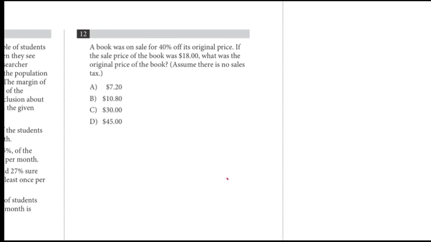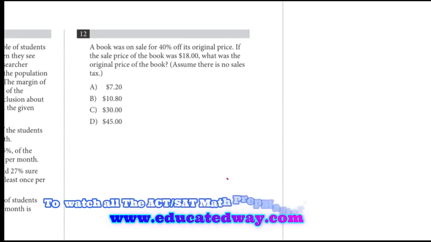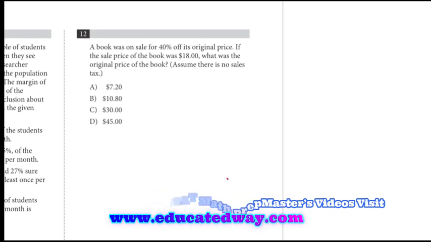If you took 40% off the original price of each one of the answer choices, it could only be answer choice C or D because those are the only ones that are actually larger than the $18. And for the $45, half of $45 would be like $22.50. So 40% off of it, it has to be answer choice C. That's the only one that makes sense because half of 30, so 50% off of $30 would be $15.